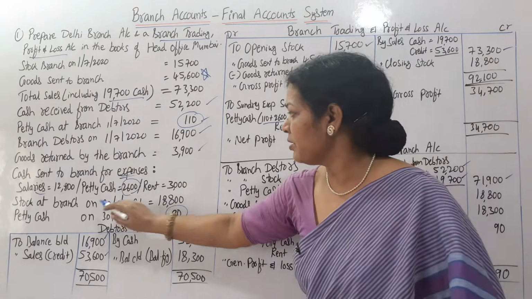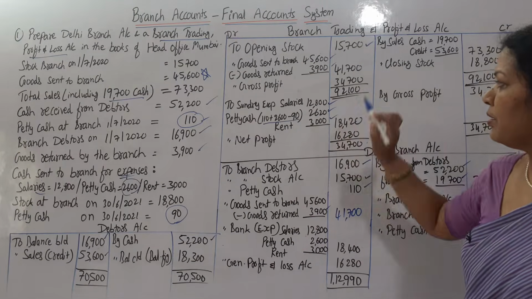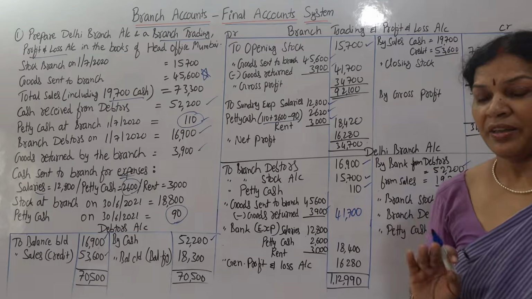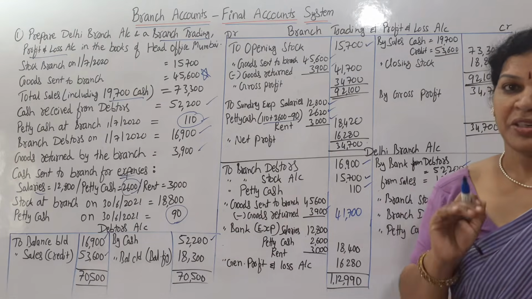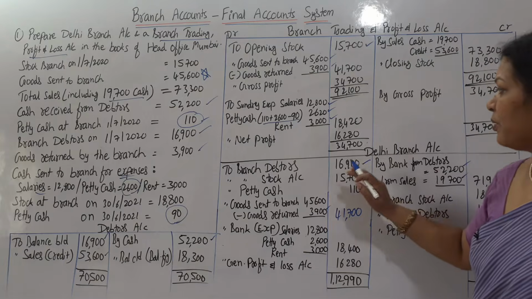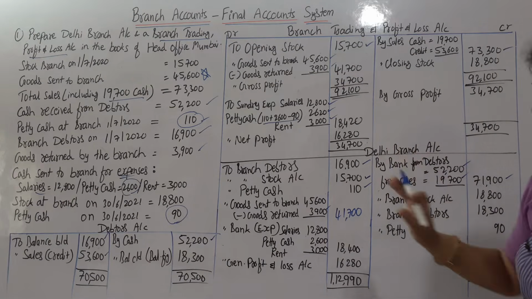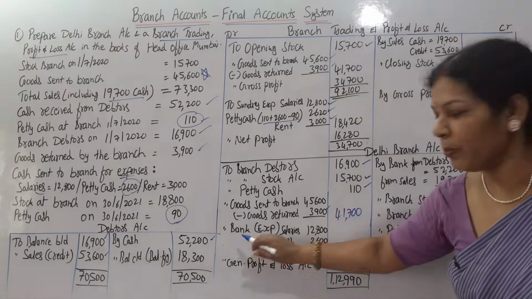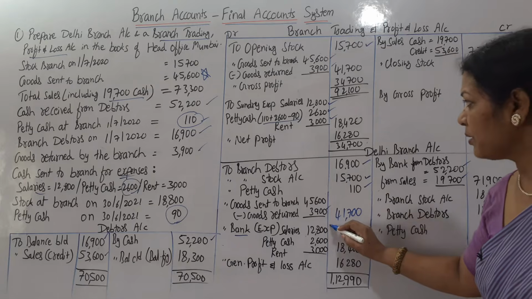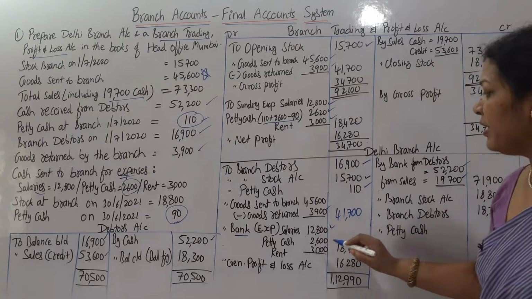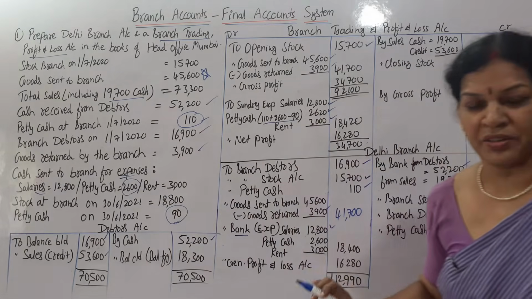Now next, rent is 3000, right? Expenses we have written, and all the expenses we write on the branch account debit side also, right? On the debit side we write, to bank, expenses of salaries 12,800, and petty cash expenses exactly will be written.